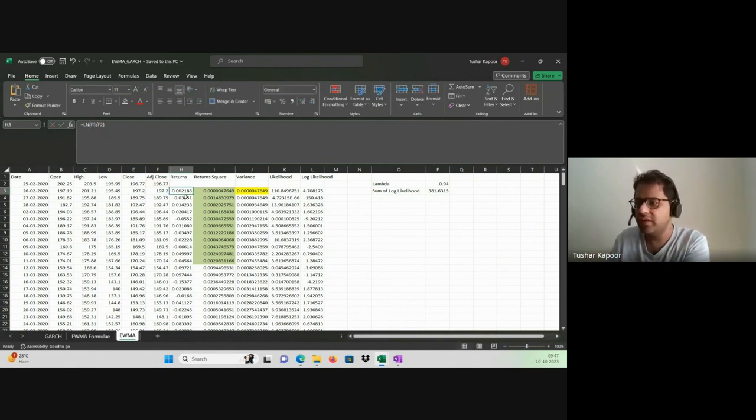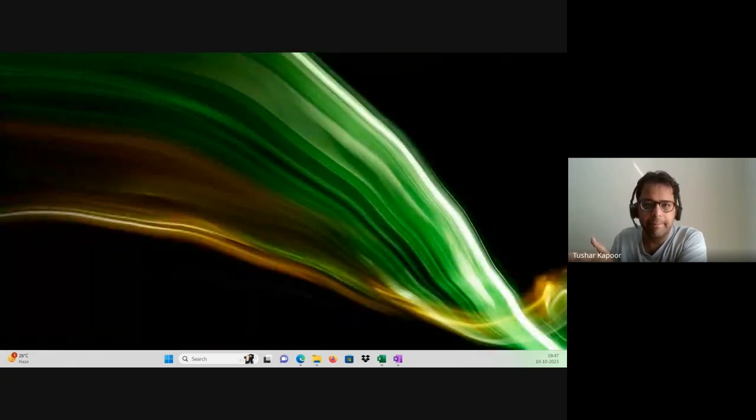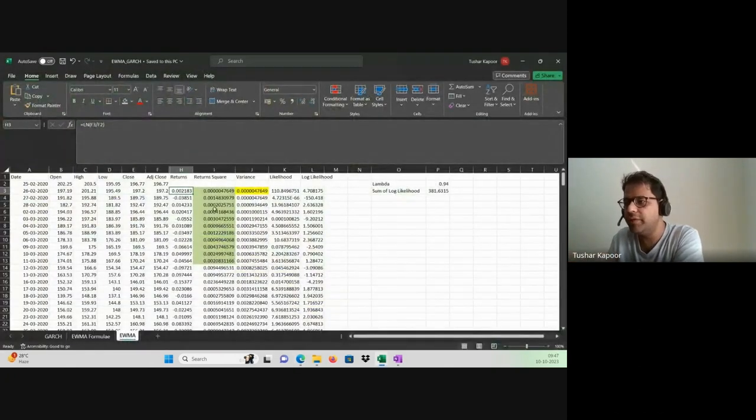Once I've calculated the returns, I can stretch this column down: F4 by F3, F5 by F4, and so on and so forth. So I get my returns. All I need to do is calculate the return square. Once I have calculated my returns in column H, all I need to do is take a square of this one, because the actual formula for EWMA needs two things.